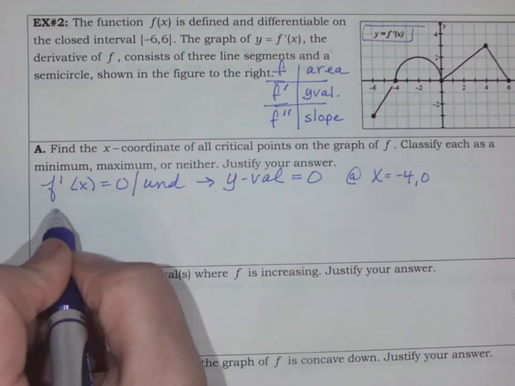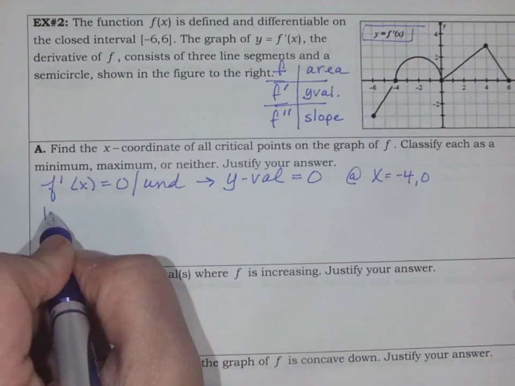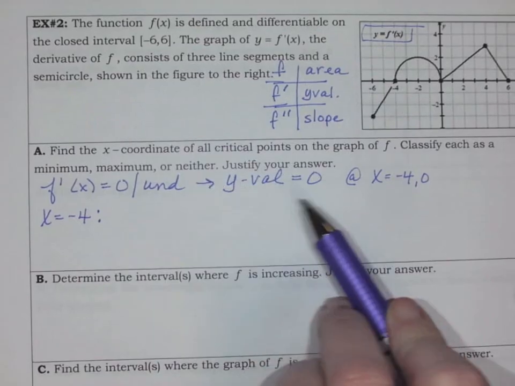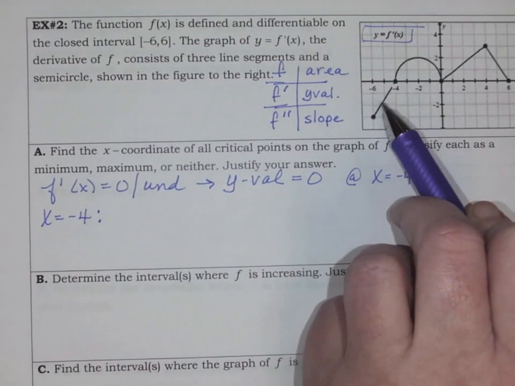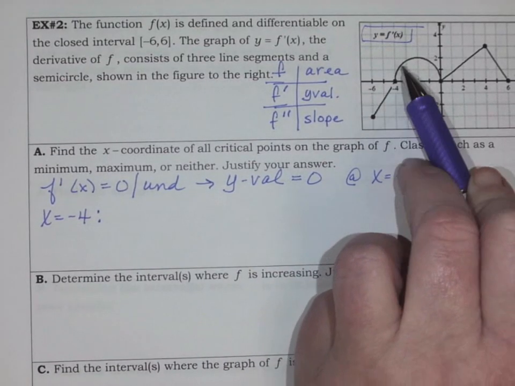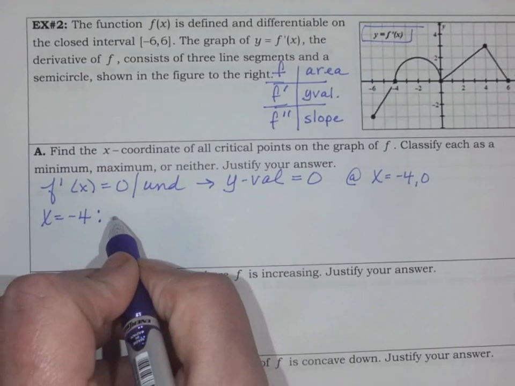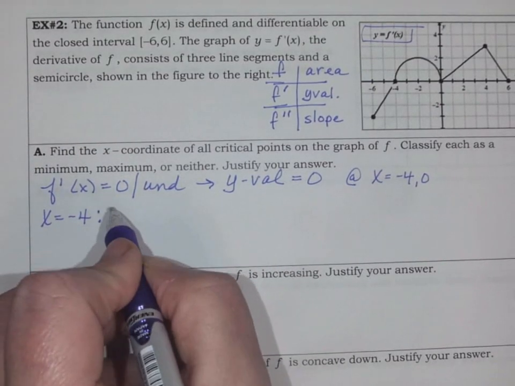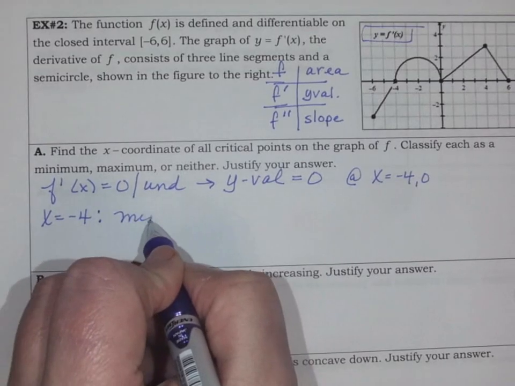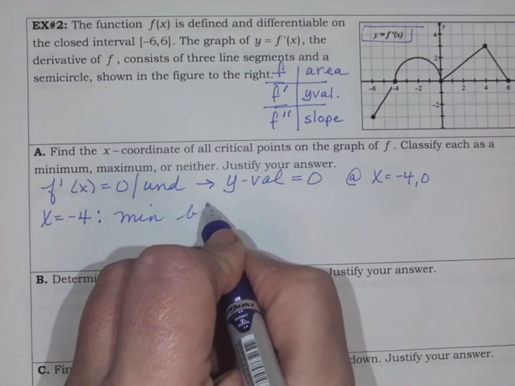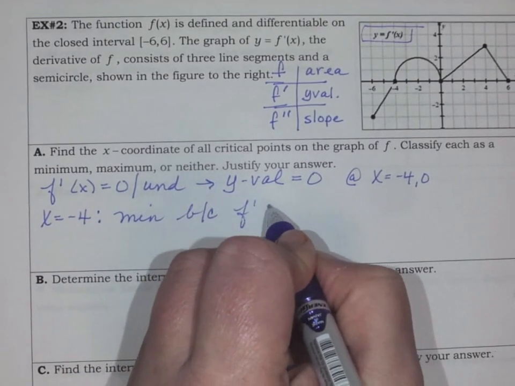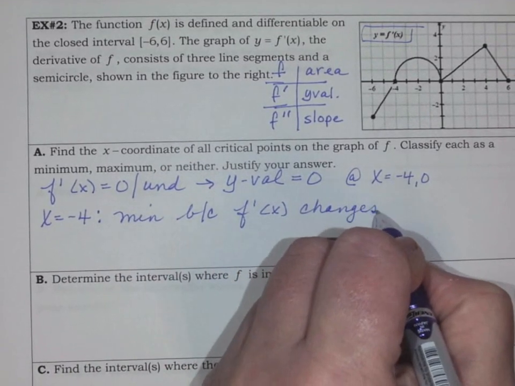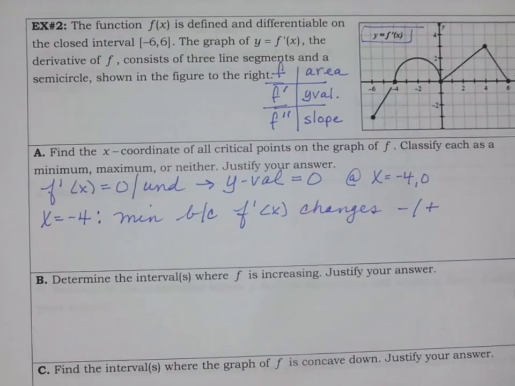Okay, so let's classify them. At x equals -4, what do we have? Our y values go from negative to positive. So when our y values go from negative to positive, we have a minimum, because f prime of x changes from negative to positive.